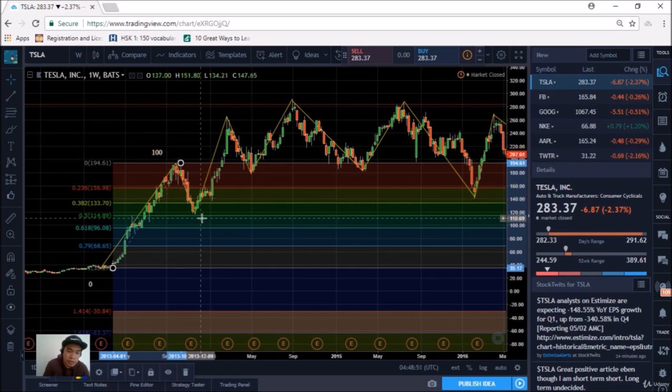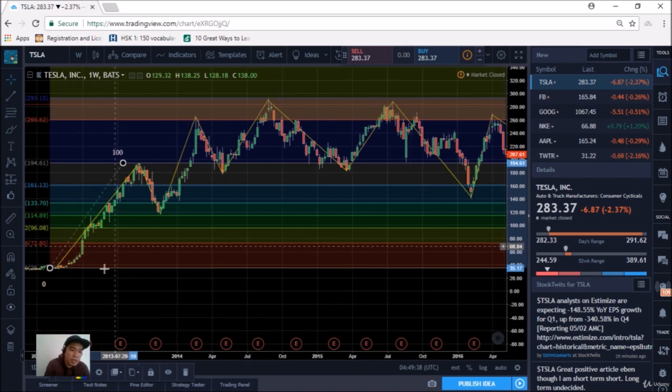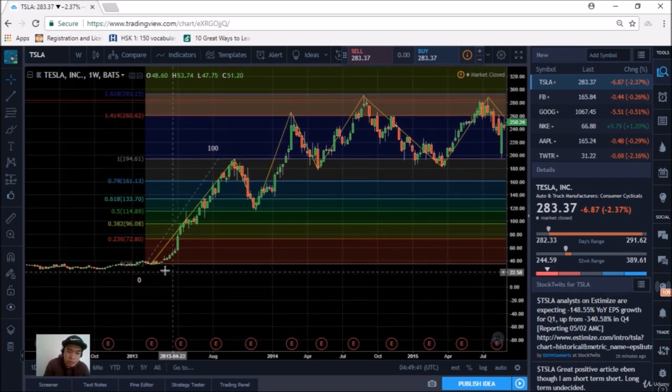You can see that it still yields the same result because the line reaches 50% of the demand line. What you want to do is put this as 100%, and put this distinct low as 0%.